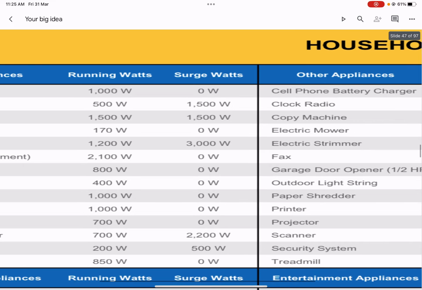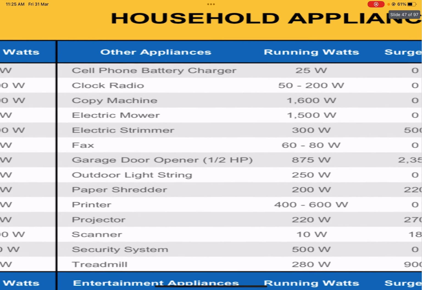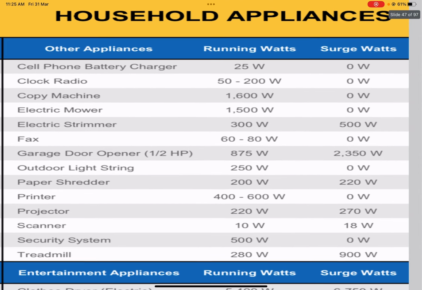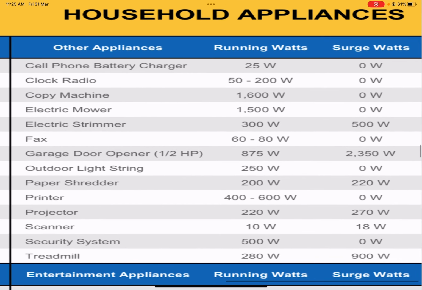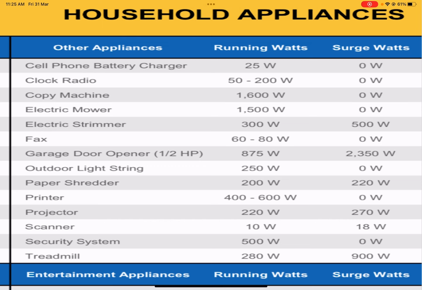There are other appliances at home which one may or may not have, depending upon the size of the household and its applications. For example, a person running on a treadmill at home would typically consume 280 watts. But when you start the treadmill, there is a sudden increase in the load, and it would be 900 watts.